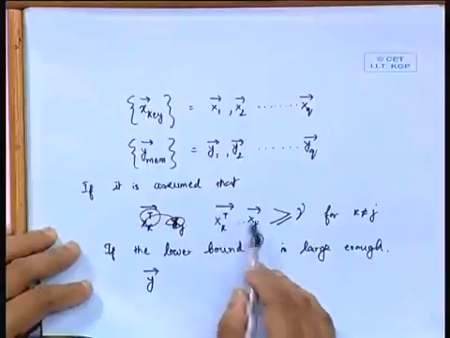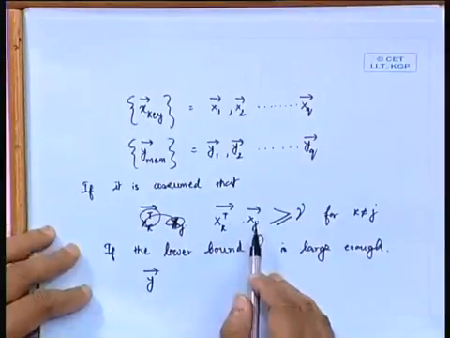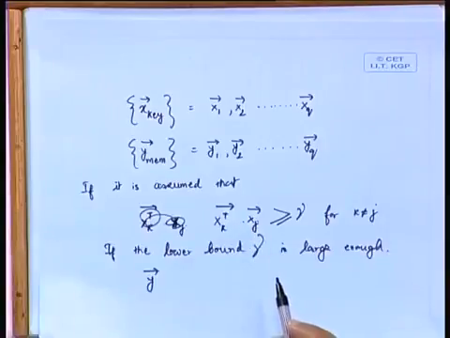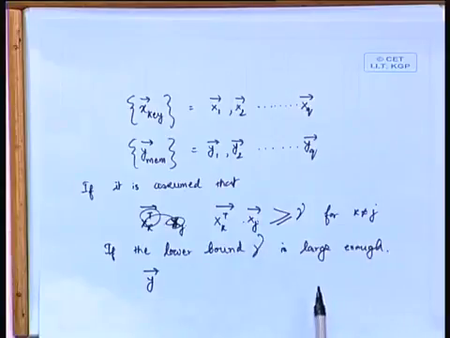Now, you see that when I put forward this condition xk transpose xj, that means to say take any key and take any j. The condition that you have is with k not equal to j. So, this should be valid for all combinations of k and j.